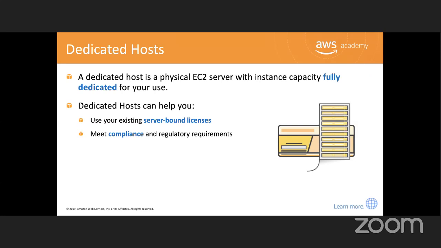If you reach your limit, you have to increase that limit and create a host. Once you have the limit restored, then you can create a host, and on that host, you can launch your EC2 instance, right? So a dedicated host can help you use your existing server-bound licenses, bring your own license, and meet compliance and regulatory requirements.